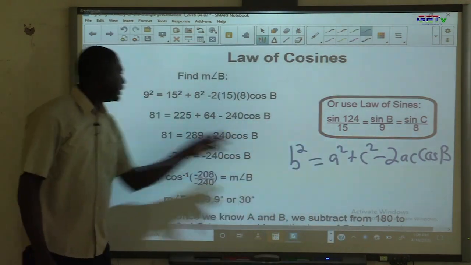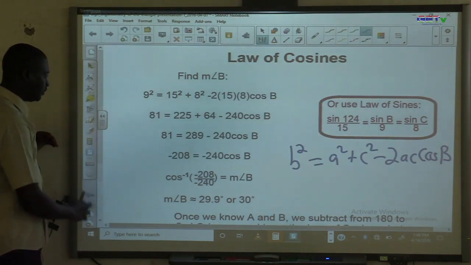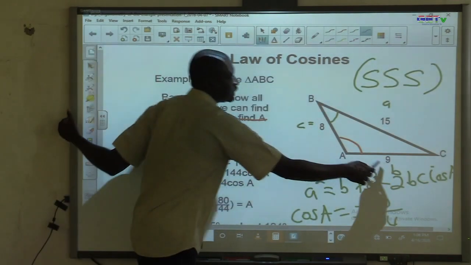Our B squared, B on the triangle given, is 9.